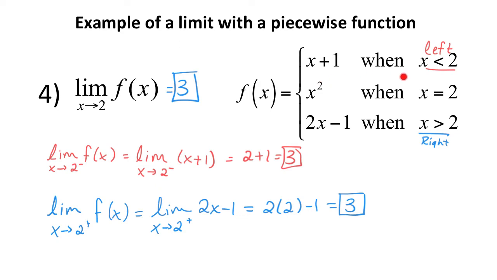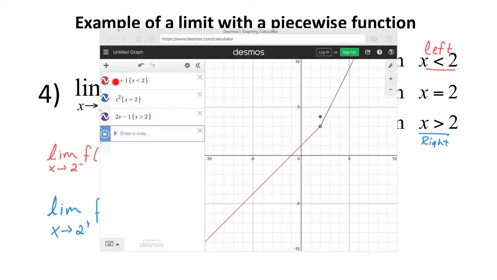Really quickly, just to talk about what this middle expression is talking about, x squared when x equals 2, I'll show you the graph and that might help you understand. I have the first linear function graphed in red, the quadratic function that's actually only defined when x is 2 graphed in blue, and this second linear function graphed in purple.